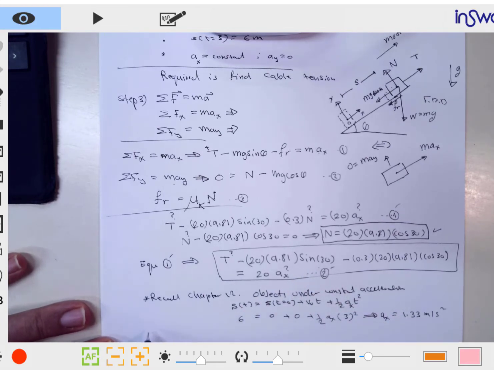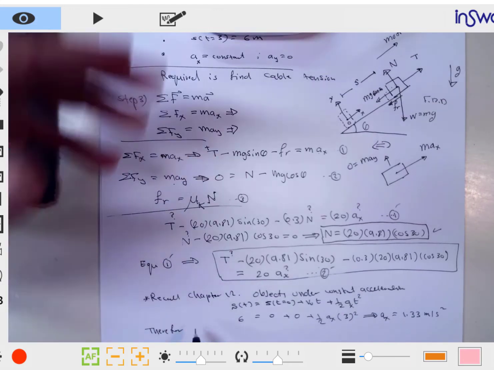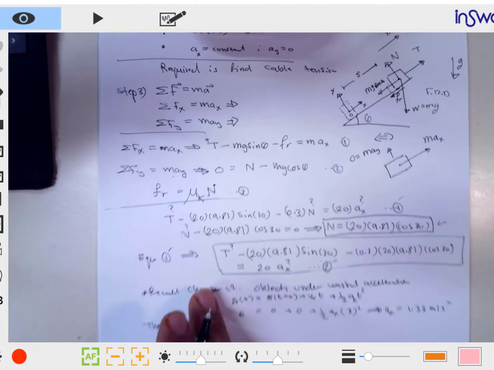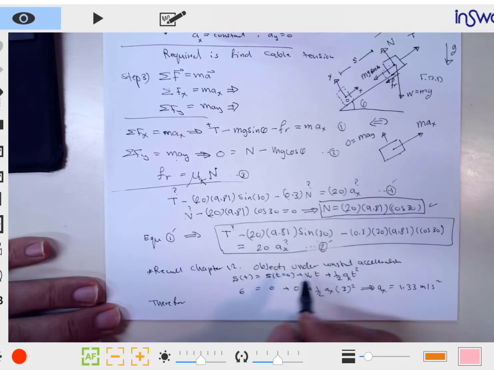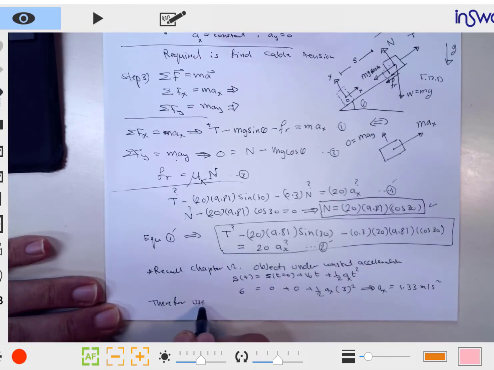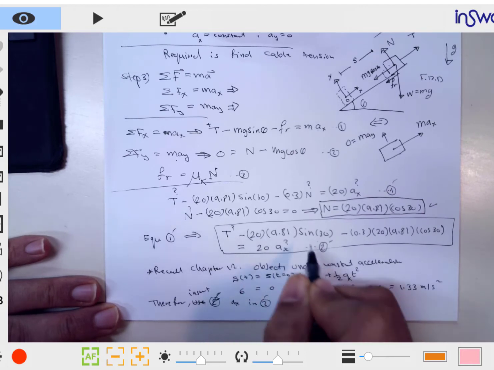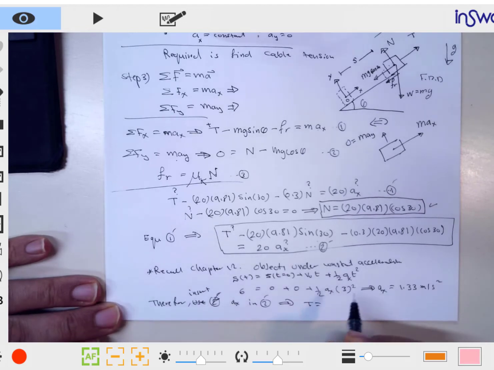Okay, so now I know ax, I can plug it back. Therefore, I'm going to use equation 2 prime, or insert ax in 2 prime, and then T, after you substitute, becomes 176 Newton.